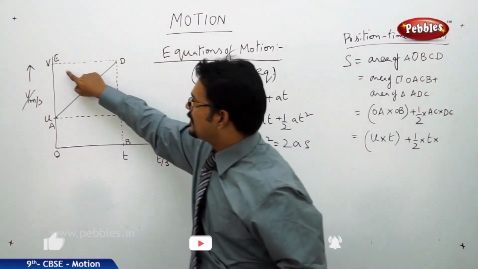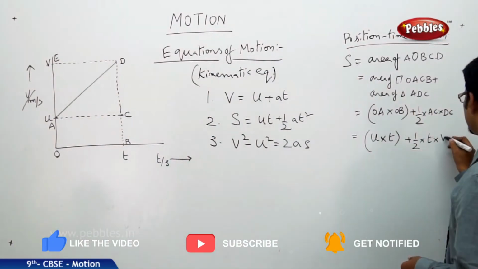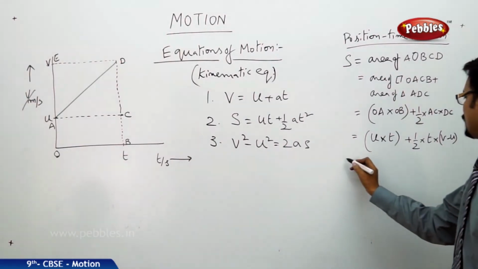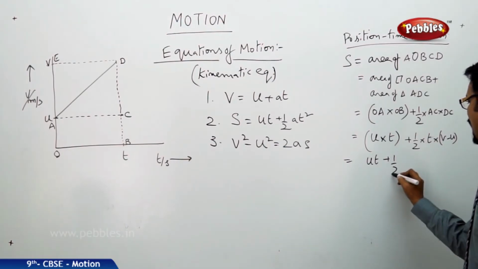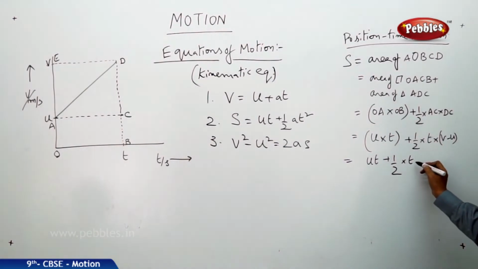DC is nothing but the difference V minus U. So I can write UT plus half into T into (V minus U).